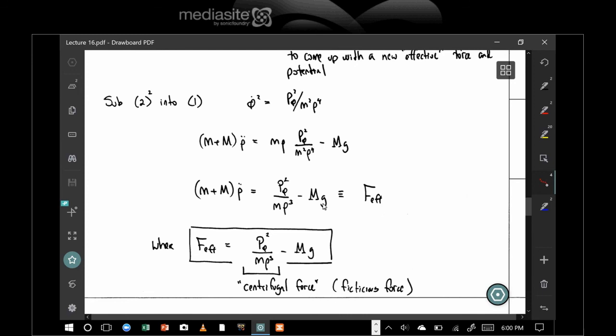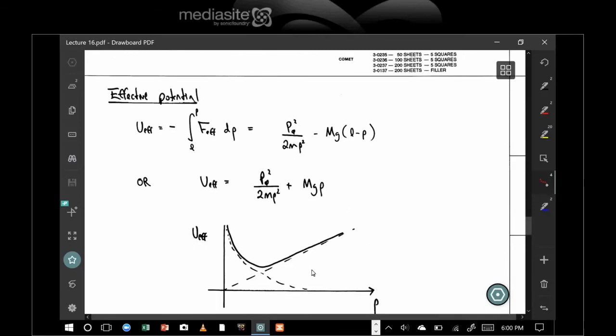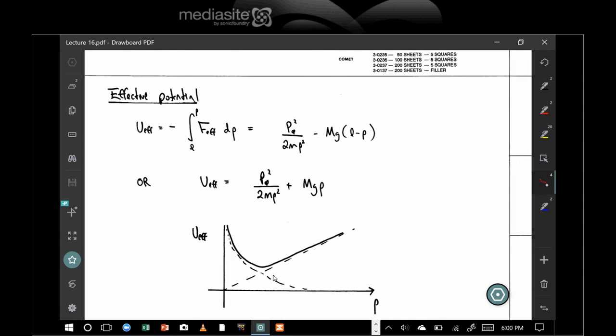It is a result of conservation of angular momentum. But because this concept is really important, I can define an effective force, and thus an effective potential. From this effective potential, I can see there's going to be an equilibrium point. Thus I expect a static equilibrium point and a frequency of small oscillations about that point.